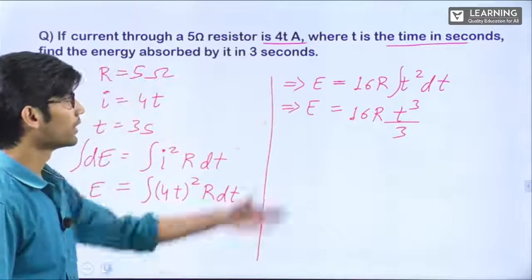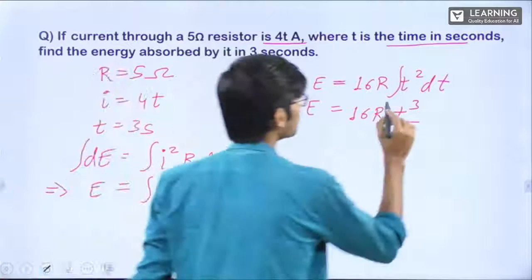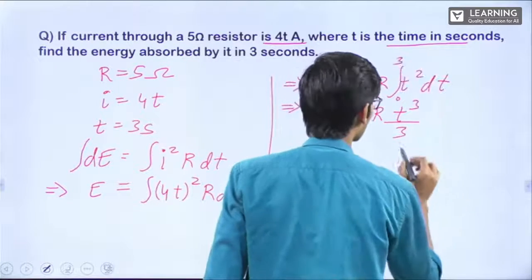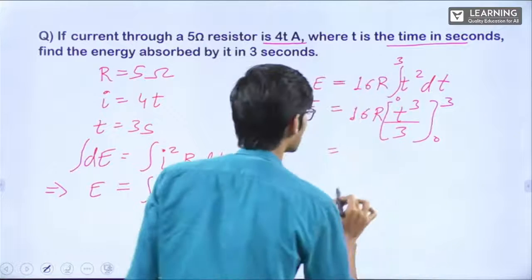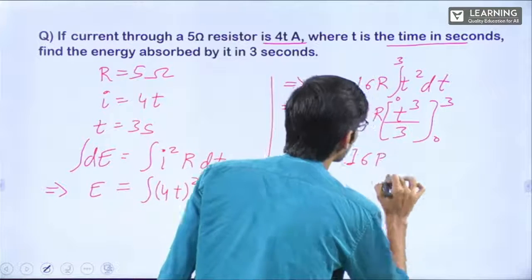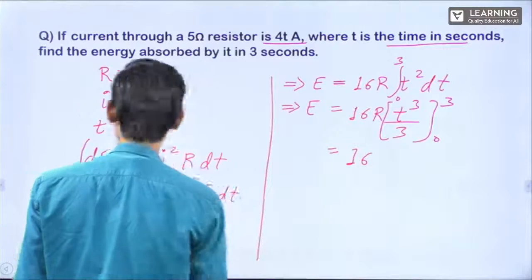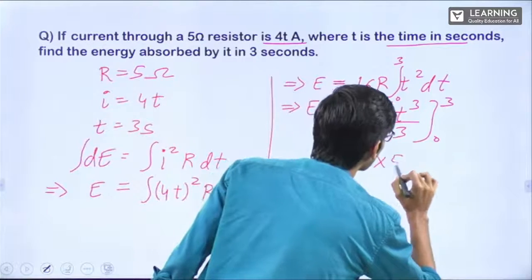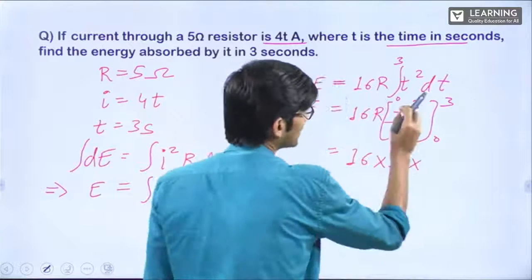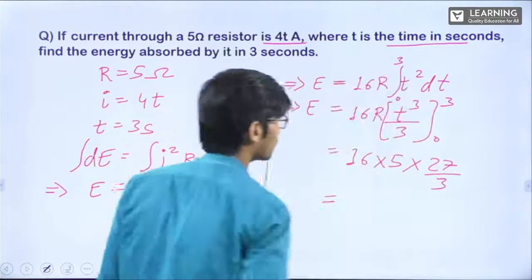Correct? Limit for time is 0 to 3. That is 16R, or let us put the value of R. R is how much? 5 ohm. 16 into 5 into 3 3s are 9, 3 9s are 27, by 3, minus 0.